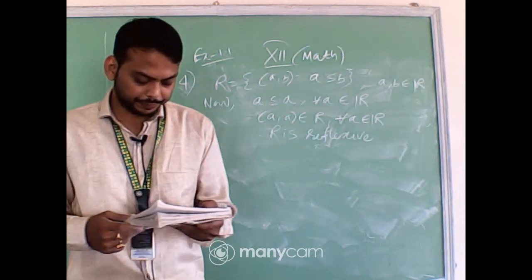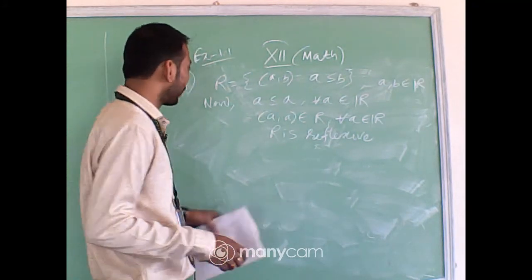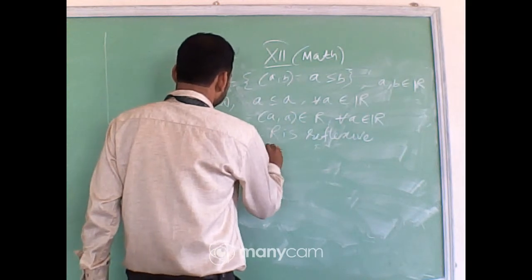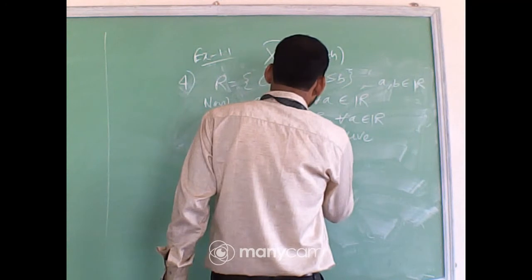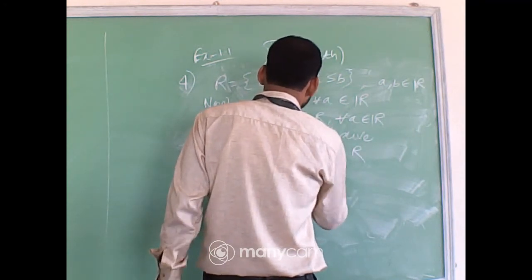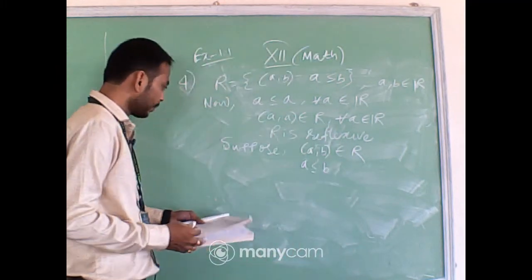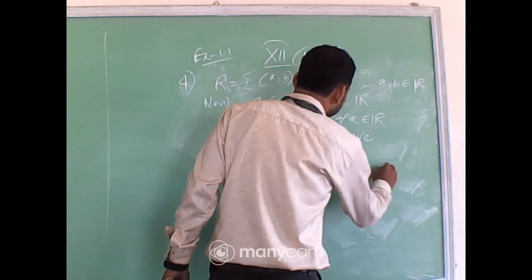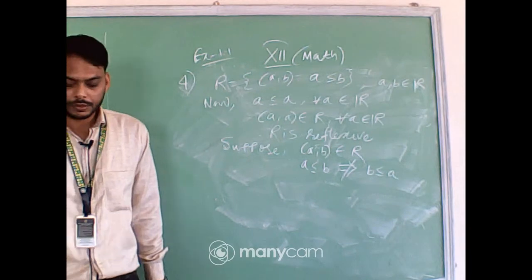Okay. Now we have to check the symmetric property. Suppose (a, b) belongs to R, therefore a is less than or equal to b, which does not imply b is less than or equal to a, isn't it?